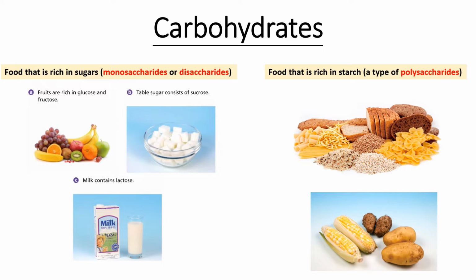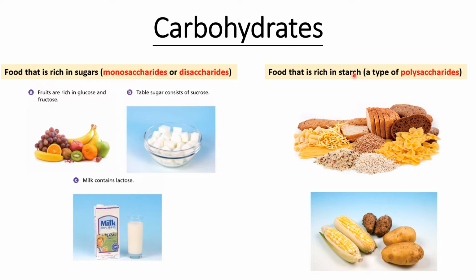Okay, so for carbohydrates, remember that there are the smallest unit, the monosaccharides. Two monosaccharides join into disaccharides. These are all sugars. Food that is rich in sugar includes fruits, table sugar, and milk, etc. Also remember that a large number of monosaccharides can join together to form polysaccharides.